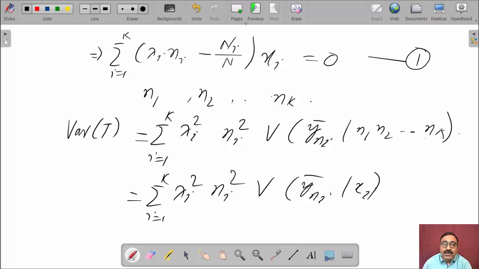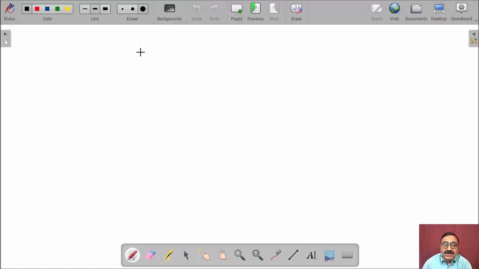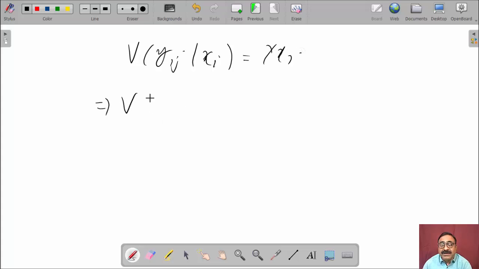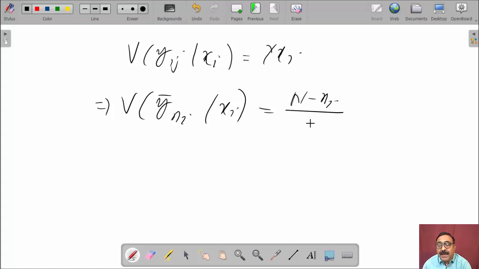Since we have given that variance of y_i given x_i equals gamma x_i, this implies variance of y n_i bar given x_i equals (n minus n_i by n_i minus 1) into gamma x_i divided by n_i.